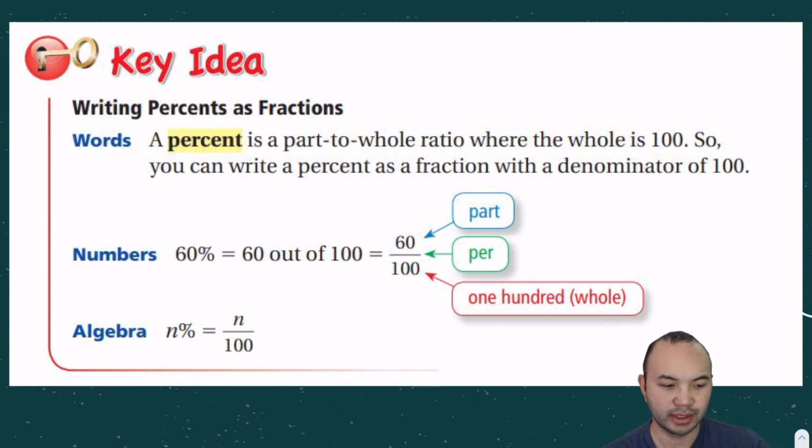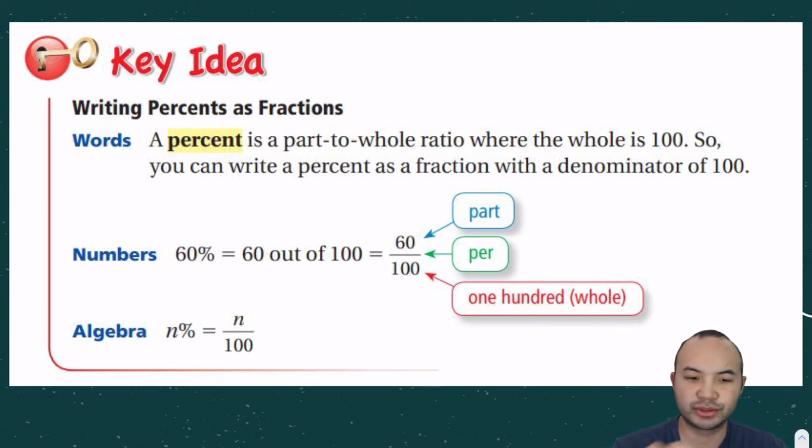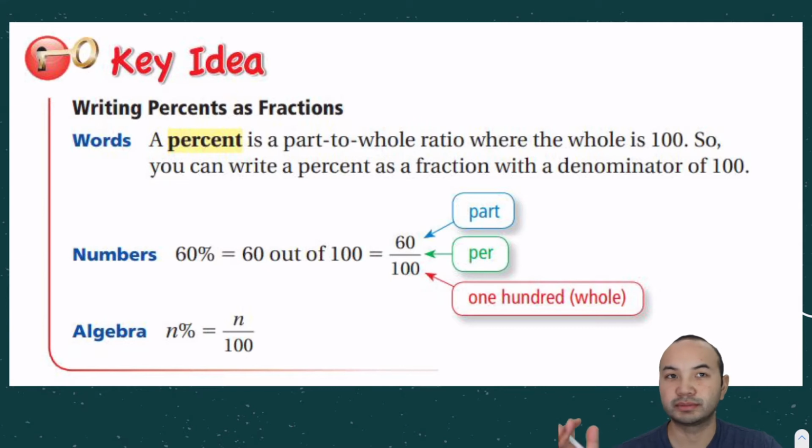Okay, so in algebra it says n% equals n over 100. That's a little tricky, but basically n is any number, any percent. So if I'm talking about 35%, and I want to change that to a fraction, I just take the 35 without the percent symbol and put that over 100, because it's 35 for every 100.